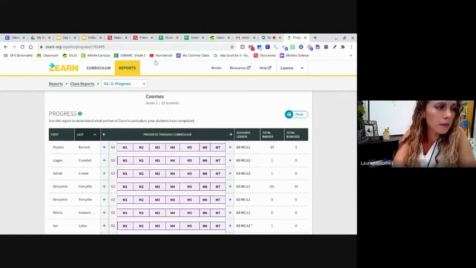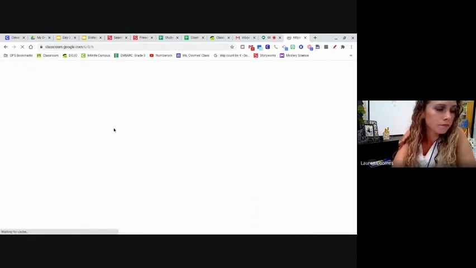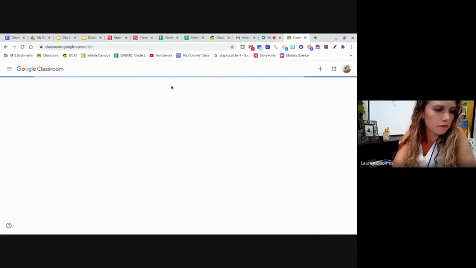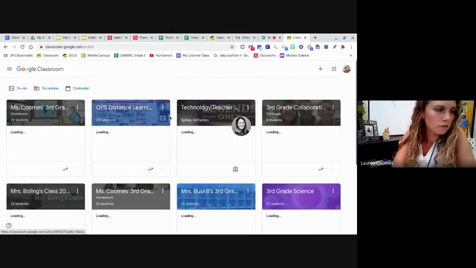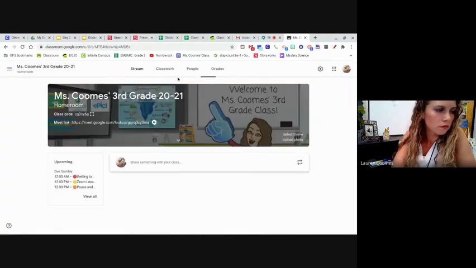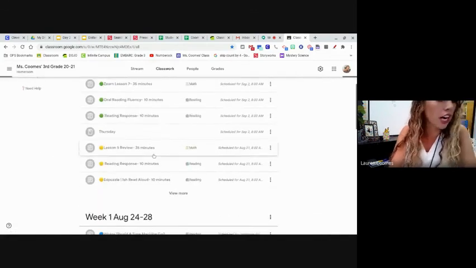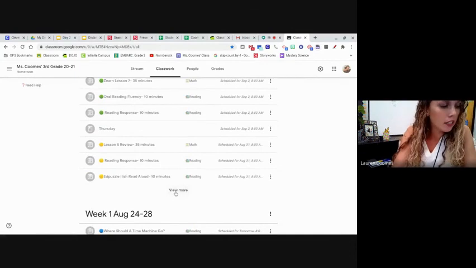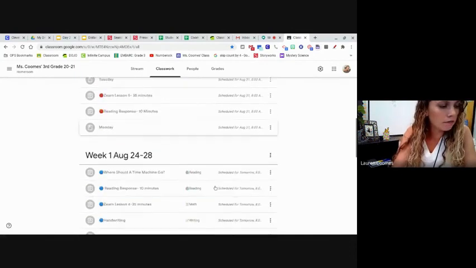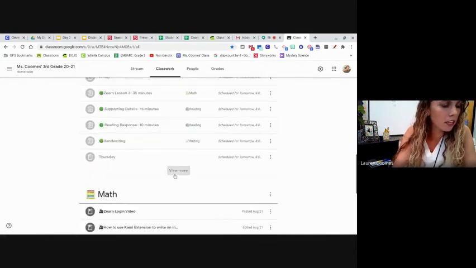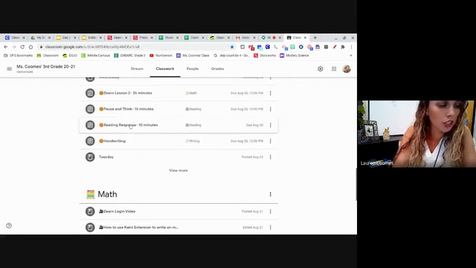And you get there by going to your Google Classroom. You go to your classwork. Click on classwork. You find today, which your dots should be yellow today, orange.